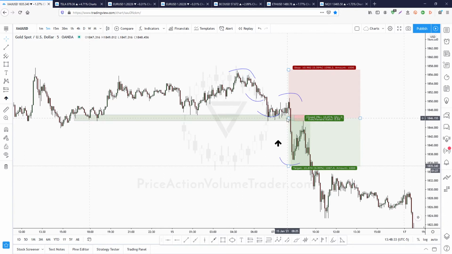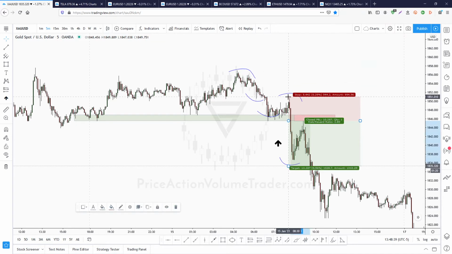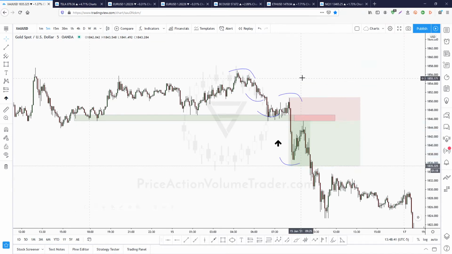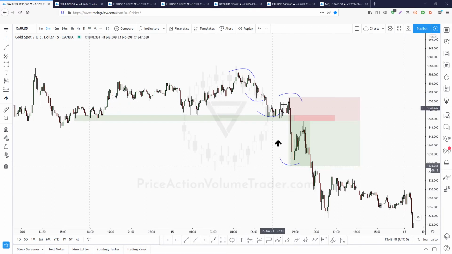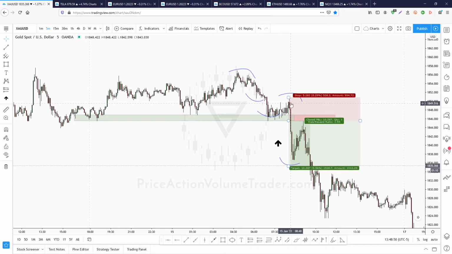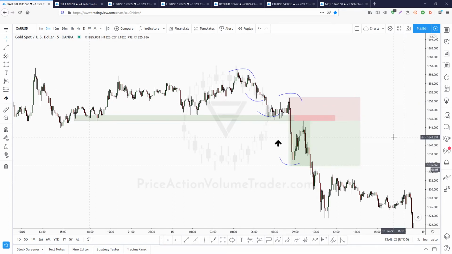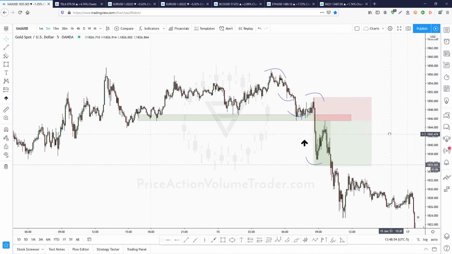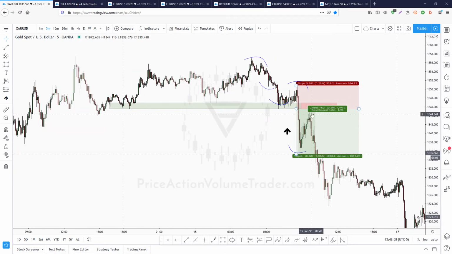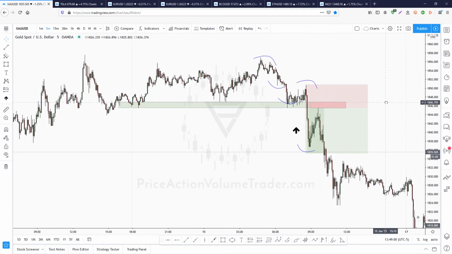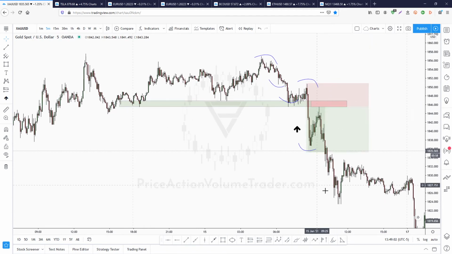However, let's say that you put your entry right at this level and you got in. Your stop loss, like we said, is going to go right above the previous high of the last consolidation before we broke out of this level. For your targets, if we're making a lower high now, then we're obviously aiming for a lower low.